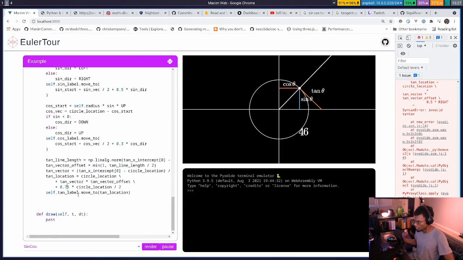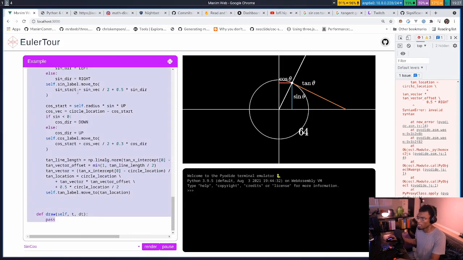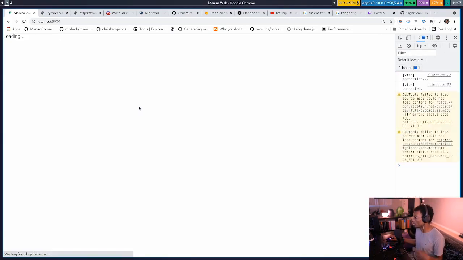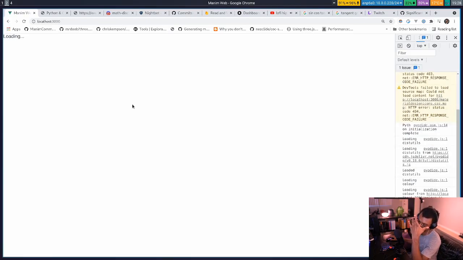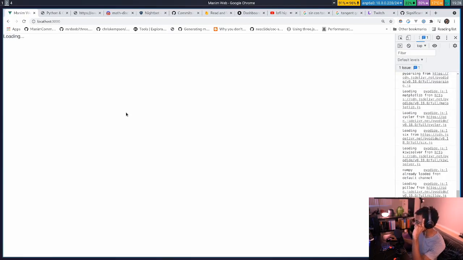Although now 0.75 is too much. There, great. Now the only thing is I want to reverse that, I think, when the cosine is negative.